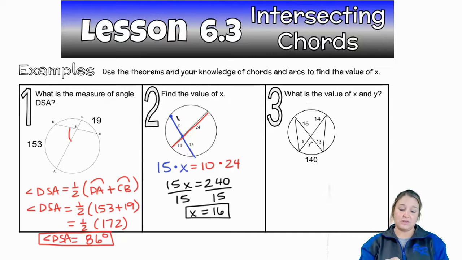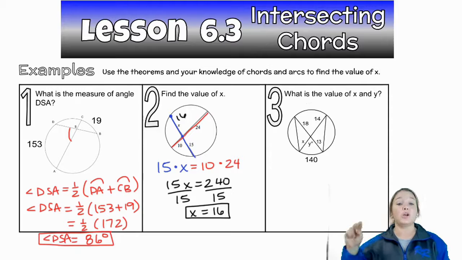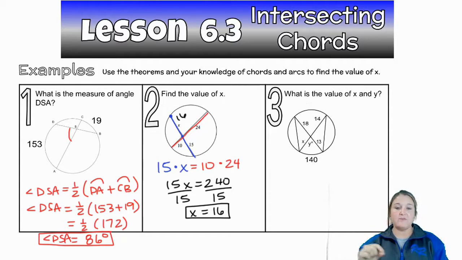So that's just using that first theorem. So far we've talked about the angle of the intersecting chords being half the measure of the intersected arcs, both of them. And then we've also looked at the missing side length, where the product of this side is going to be equal to the product of these two sides.